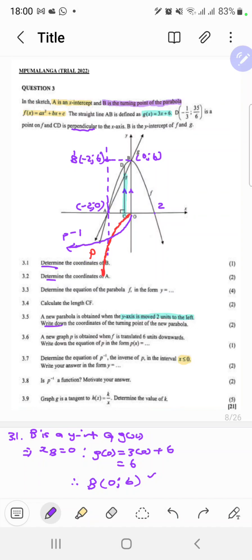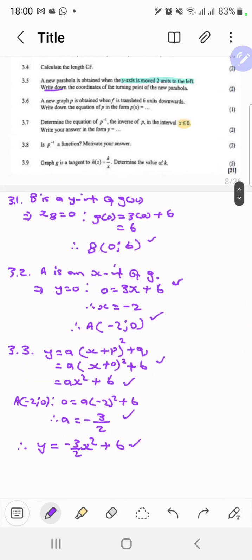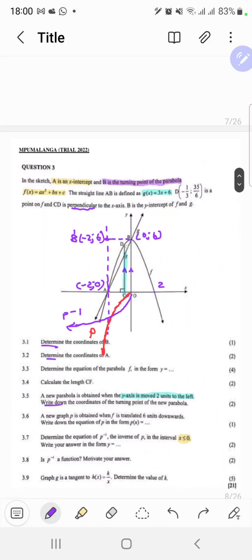So let's have a look now what is going on. The question says, oh yeah, I think we are done. Now the question says we said if we restricted the domain on the parent graph, then we're going to essentially restrict the range on the inverse.